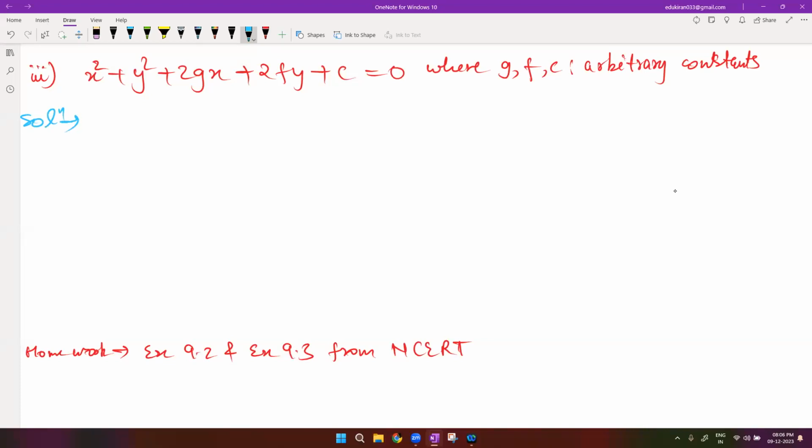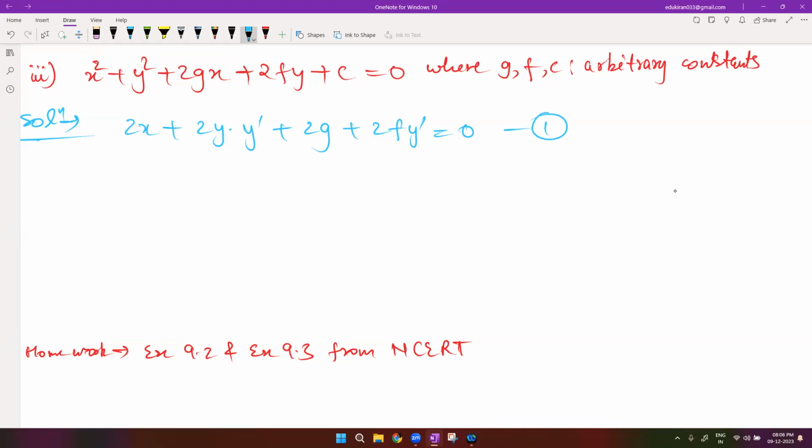Now you can see that there are three arbitrary constants. So you will have to differentiate this 3 times. The first differentiation will be 2x plus 2y into y dash plus 2g. Differentiation of x would be 1, plus 2f y dash is equal to 0. This is the first differentiation.